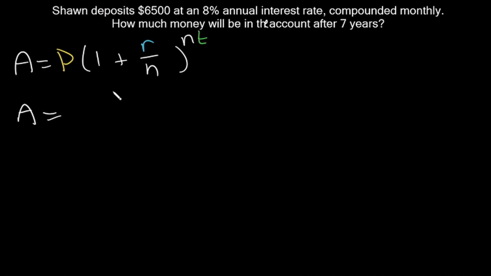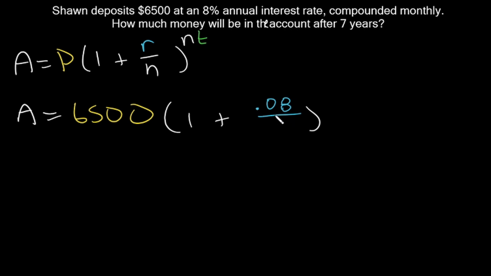A is going to be equal to our principal, which is 6,500, and then we need to multiply by 1 plus our rate, which is 8%. But remember, we need this as a decimal, so this is going to be 8% divided by 100 is 0.08. We move the decimal point over twice.